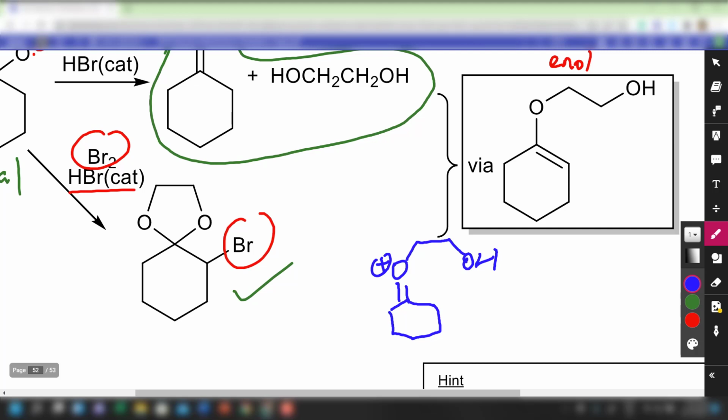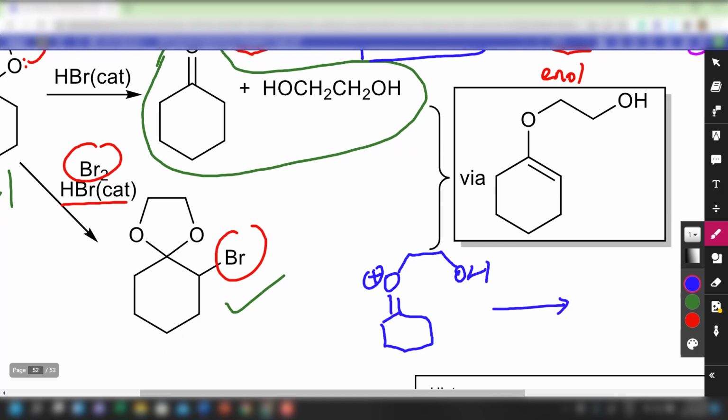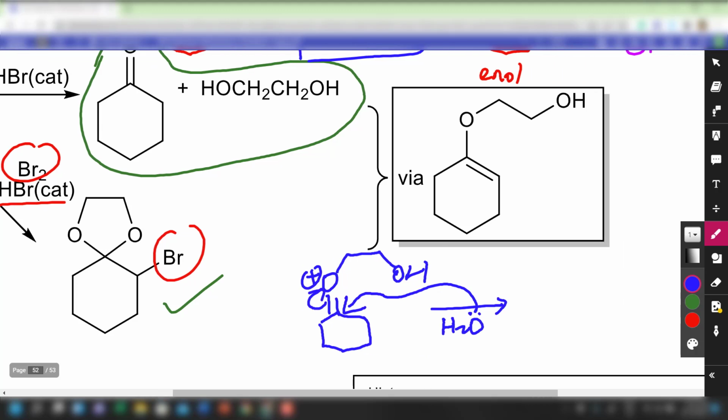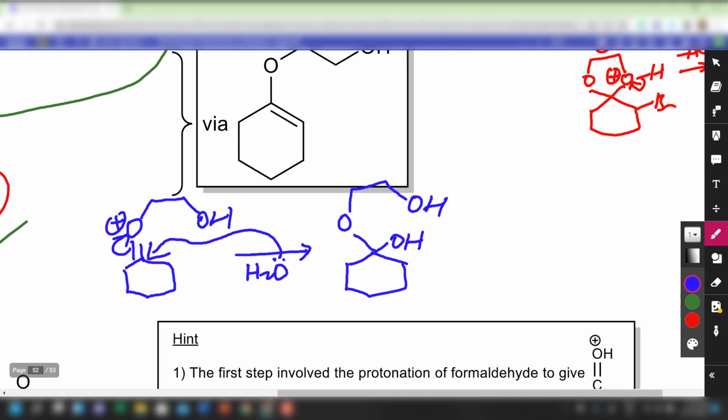Because it contains H2O, we're going to allow the nucleophilic attack to take place by the water at the carbonyl-like carbon, and then nucleophilic addition will take place in a relatively ordinary fashion. So we're going to end up with what we called earlier the hemiketal.